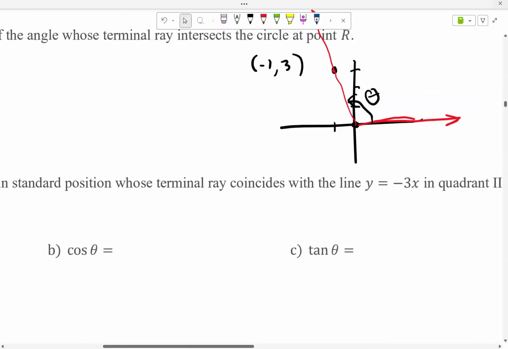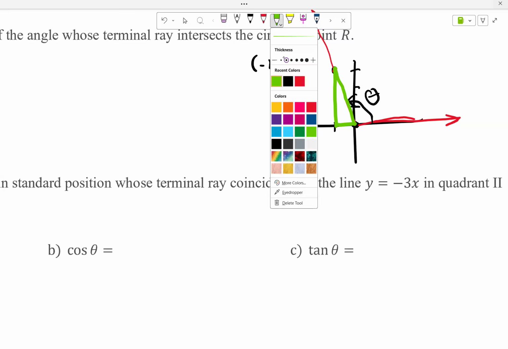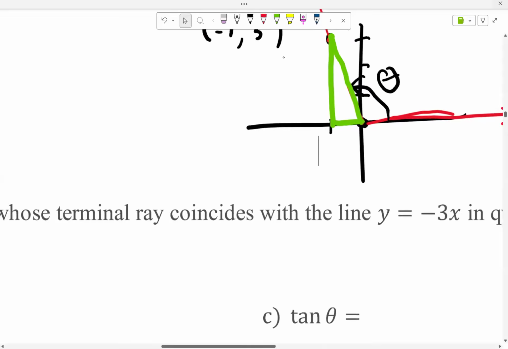Do you want to make a reference triangle? Will that help here? From this point, I go to the x-axis. So here's this, and the reference triangle is right here. Our reference angle is always with the x-axis.